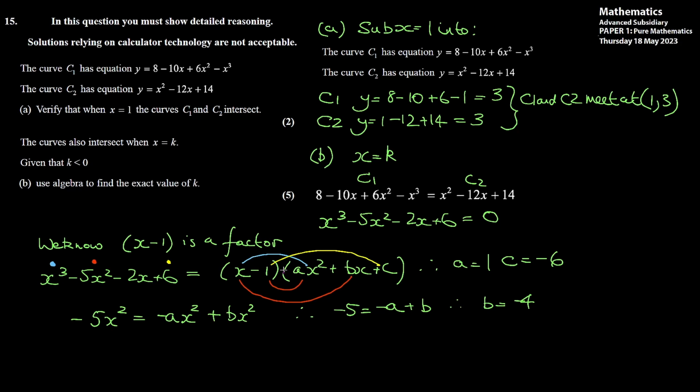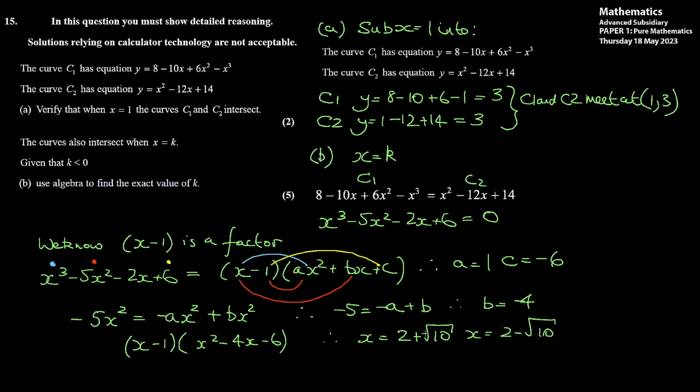So I can substitute back into our equation here, and I get that x minus 1 must be multiplied by the quadratic x squared minus 4x minus 6. And if you factorize the quadratic, you will get that x is equal to 2 plus the root of 10, and x is equal to 2 minus the root of 10.